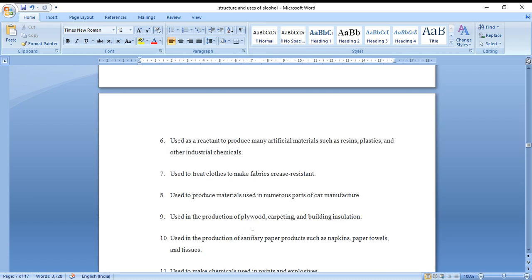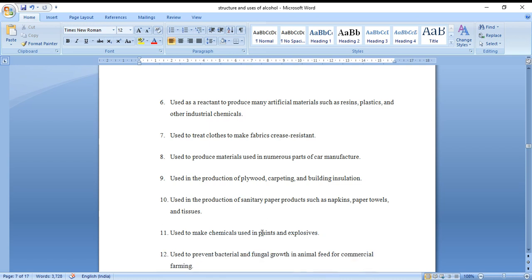It is used to produce materials in numerous parts of car manufacture, and for the production of plywood, carpeting, and building insulation. It is also used in sanitary paper products such as napkins, paper towels, tissues, etc. And it is used to produce paints and explosives.